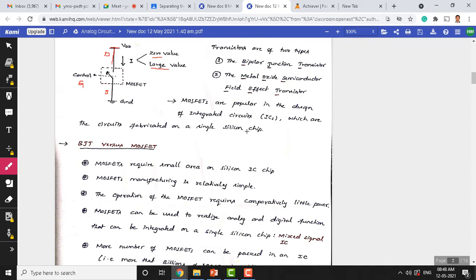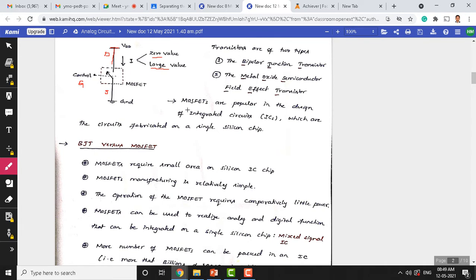The main reason for the popularity of the MOSFET is its usage in the fabrication of integrated circuits. We can pack millions and billions of MOSFETs in the IC form, which is nothing but a single silicon chip that houses billions of transistors, which can be used for a variety of functions.